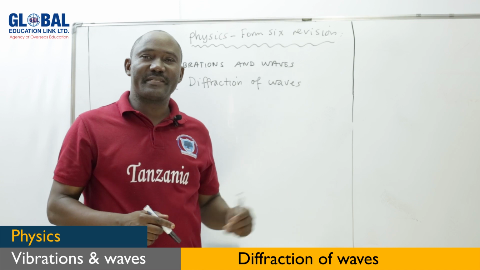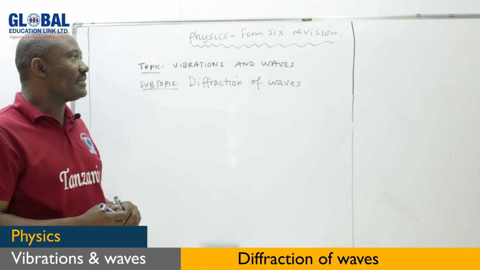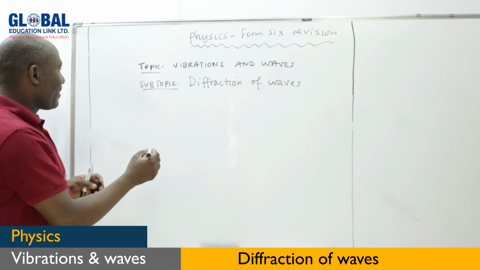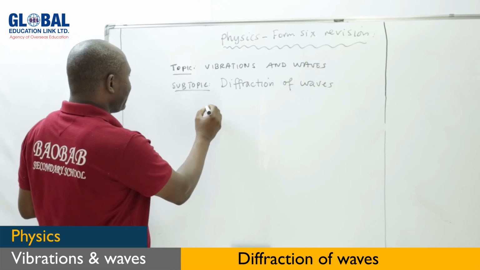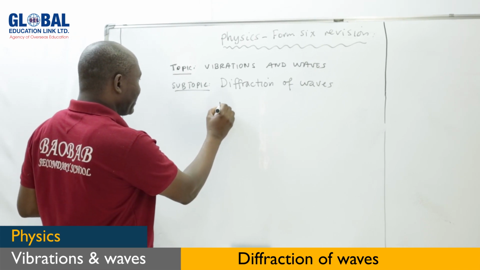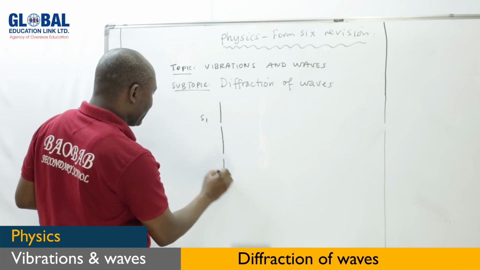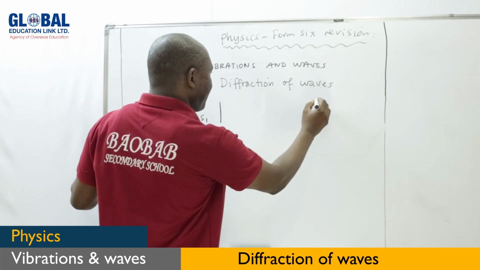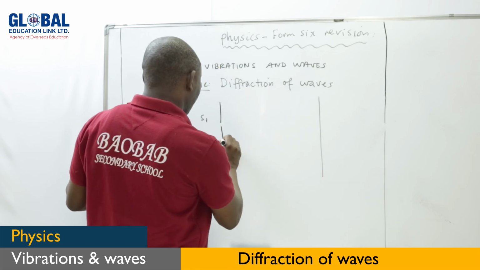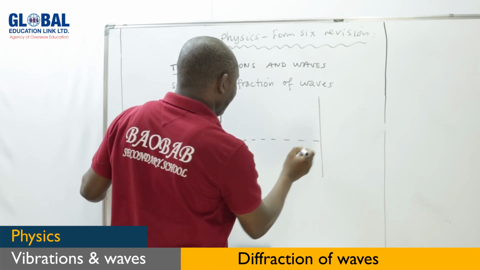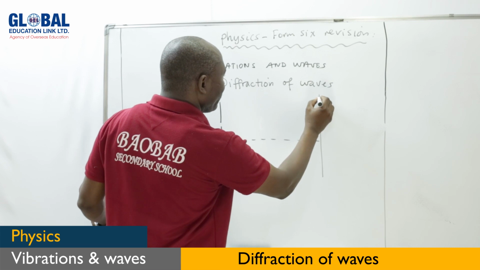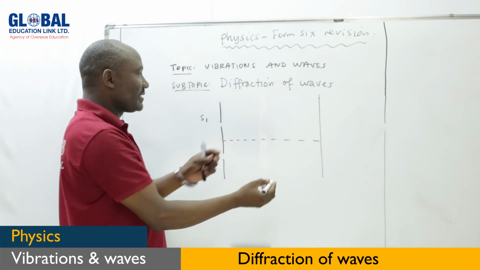Okay, now let's see the difference between diffraction and interference. If you remember, in Young's double slit experiment, we had two sources, S1 and S2. That's where the screen was. And the images were formed on the screen.